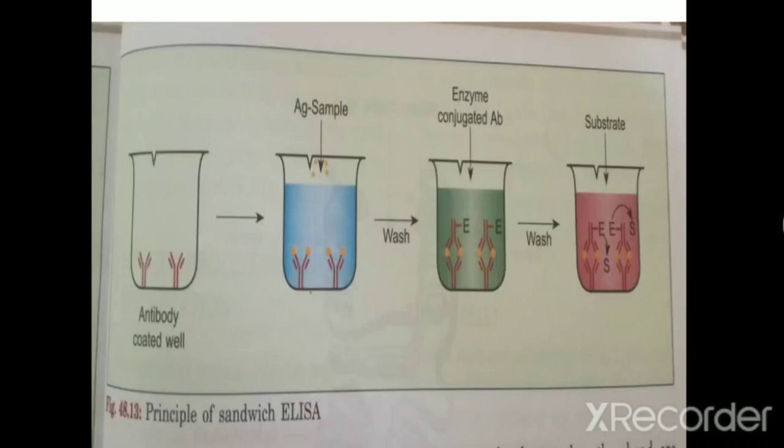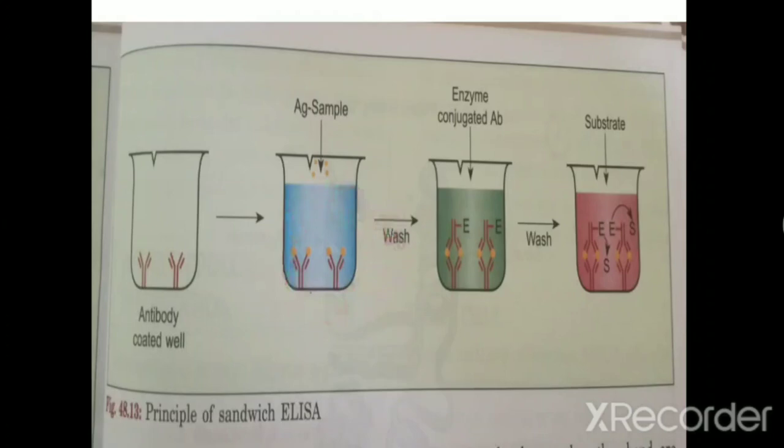So first of all, we have to coat the inner surface of the microtiter plate with the corresponding antibody. Now we have to add a patient sample, and this patient sample contains the antigen, and this antigen forms an immune complex with this primary antibody. Now we have to add the second antibody, that is known as enzyme labeled antibody.